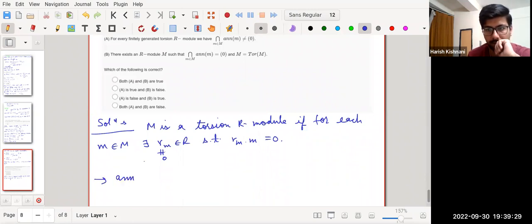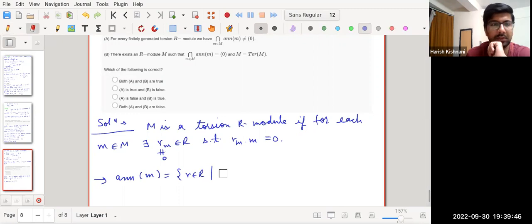Annihilator of M is the set of all elements of the ring R such that r times M is 0.